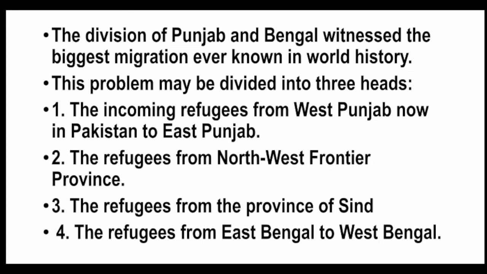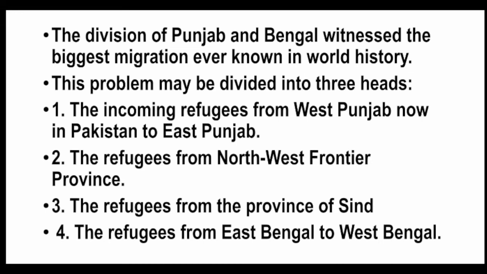So basically, two states were divided. One was Punjab and second was Bengal. A number of people had to leave their country and move to another country, which is known as migration. This problem of migration from India to Pakistan and from Pakistan to India may be divided into heads.